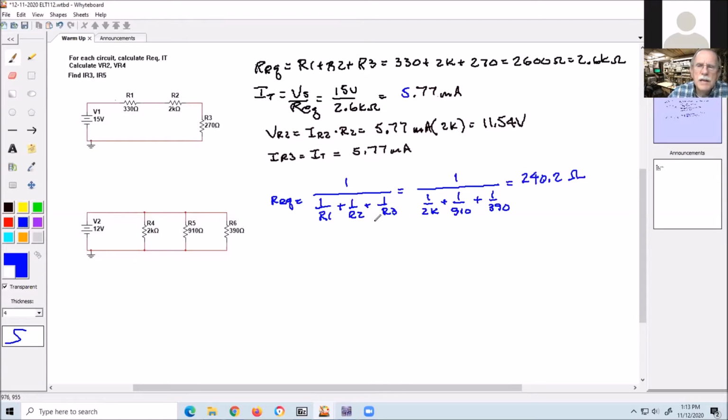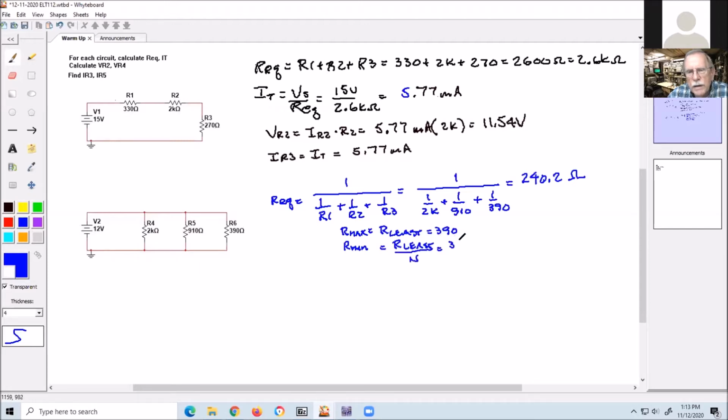And we see whether that makes sense or not. R min is going to be the least resistor, which in this case is 390. R max is the other way around. The smallest resistance divided by N, where N is the number in parallel, which is 3.